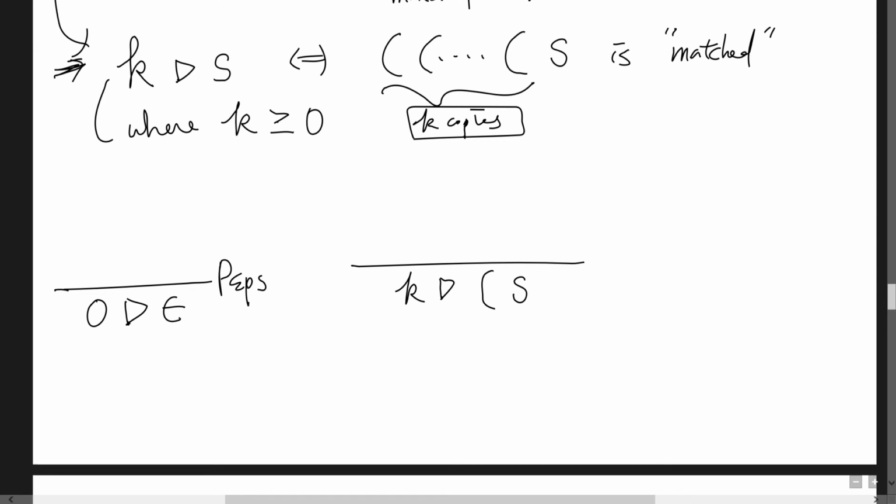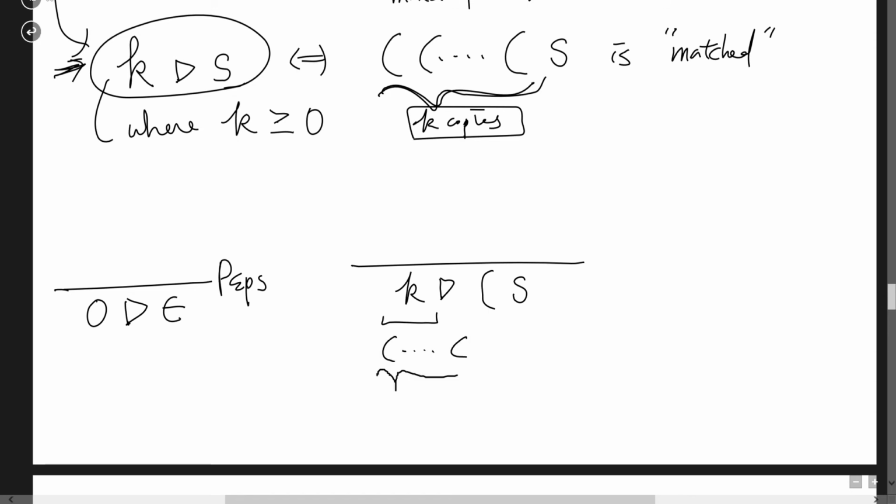Then, according to the definition of this judgment, the intention is we have K copies of left parentheses, followed by a left parenthesis, followed by S. So it's equivalent to saying that we have K plus 1 copies followed by S. So now the problem reduced to proving K plus 1 triangle S, this new judgment.